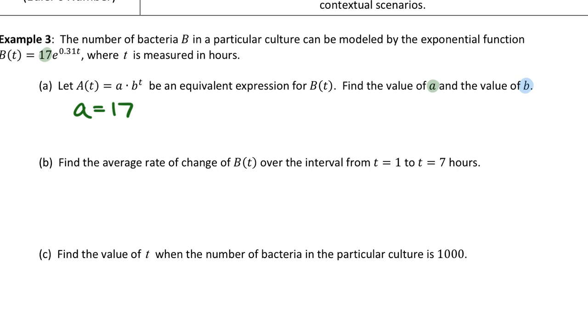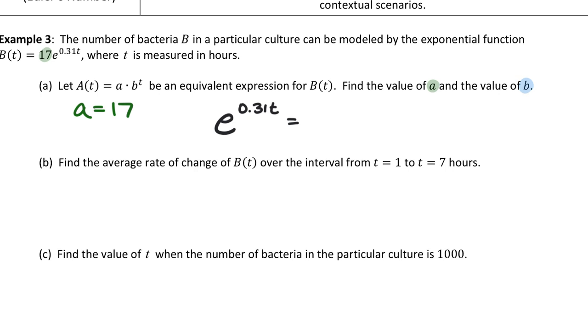The b value, however, we need to do a little bit of work. Thinking about what we just learned in topic 2.4, can I rewrite e to the 0.31t power so that it just has t as an exponent? When we had multiplying in the exponent, what did we do? Separated them by doing what?